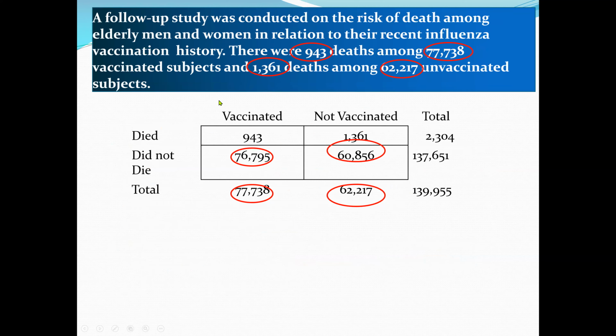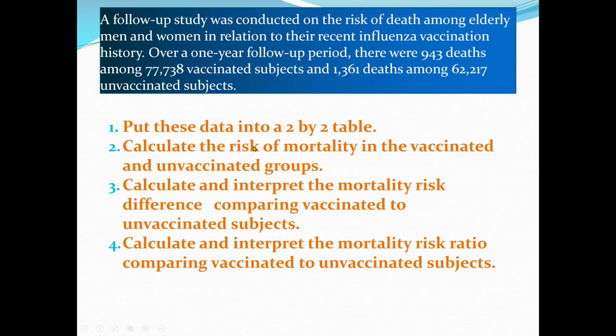Now, the best way to solve this problem is to come up with a 2-by-2 table, because we can see the data: those who are vaccinated and those who are not vaccinated. So vaccinated will be exposed, unvaccinated will be unexposed. So we are going to put this data into a 2-by-2 table. Then we calculate the risk of mortality in the vaccinated and also the unvaccinated group. Then we can interpret the mortality risk difference, comparing vaccinated.